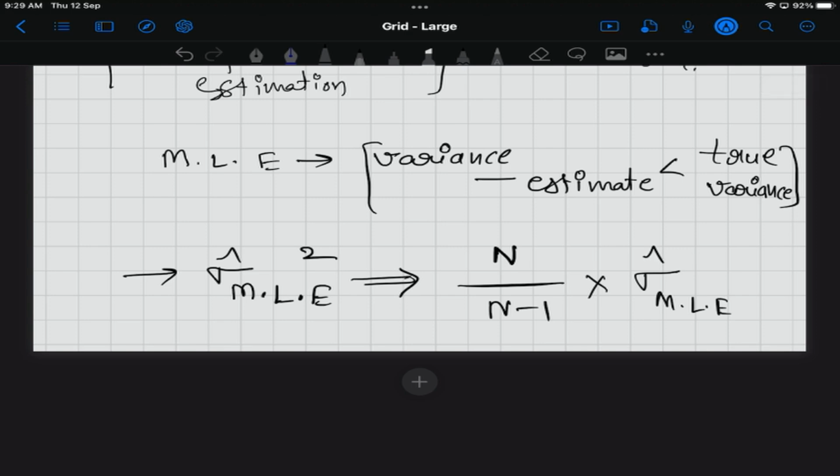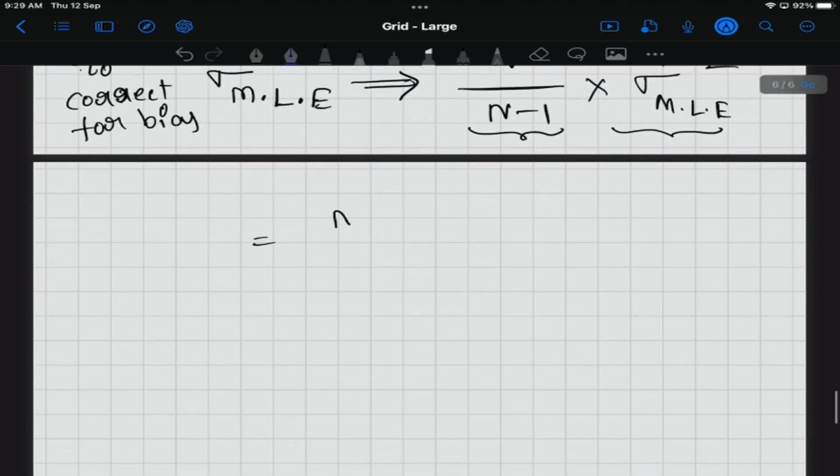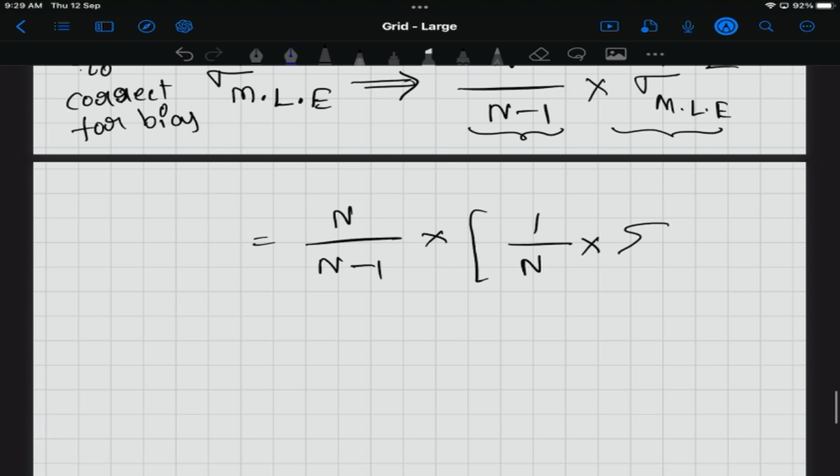So to correct for bias, you have to do this multiplication. Now can you write down the expression: n by n minus 1 into what was the previous expression for your estimate? 1 by n, sum over i equals 1 to n, of xi minus mu ML, whole square, right?